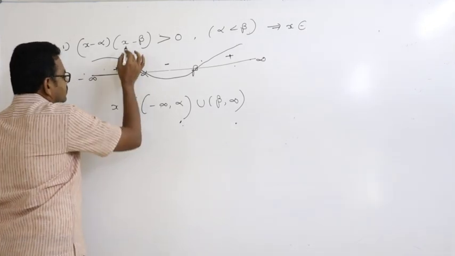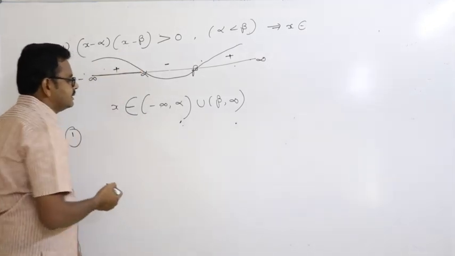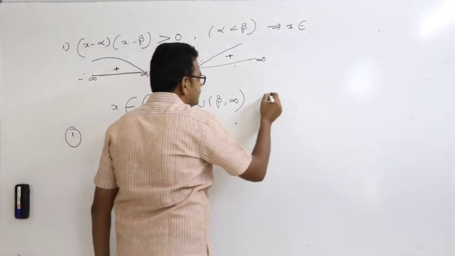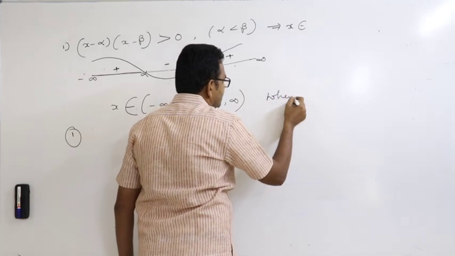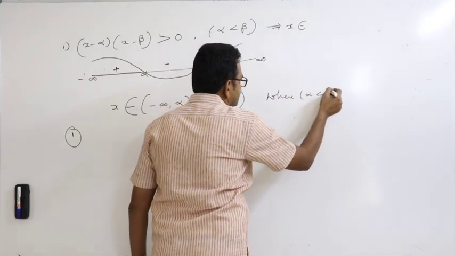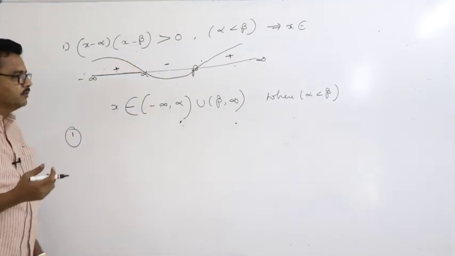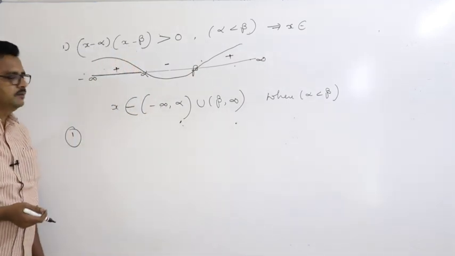So it is greater than 0 if x belongs to minus infinity comma alpha union beta comma infinity, where the condition is important: alpha is less than beta, which is the smaller number, that is alpha, and which is the greater number, that is beta.